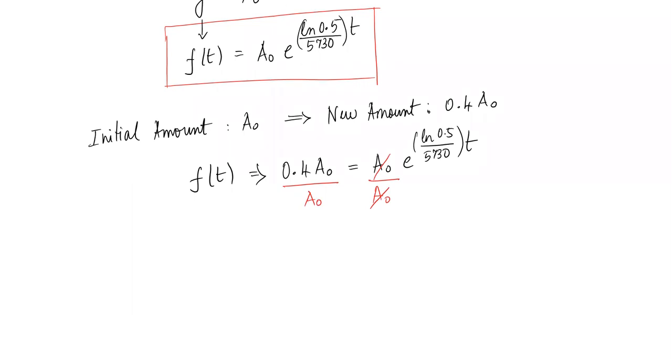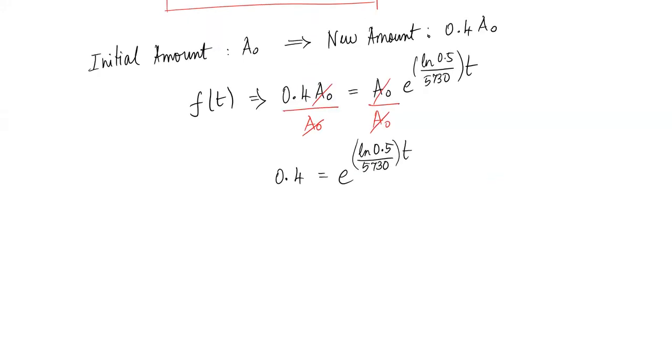We're trying to solve for t, right? So you want to get t by itself. 0.4 equals e power, then apply natural log on both sides.